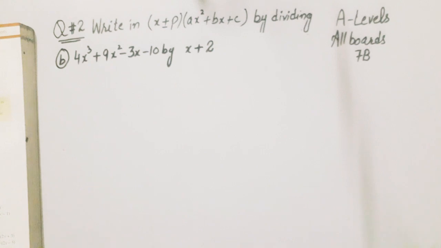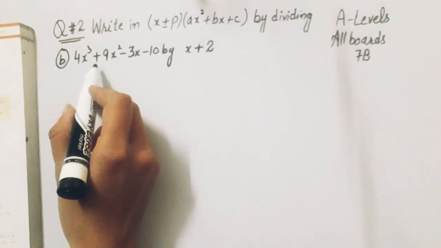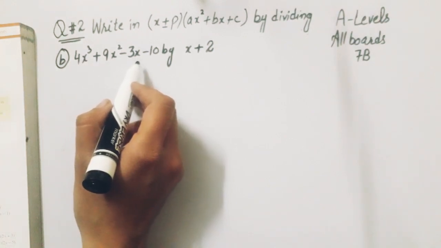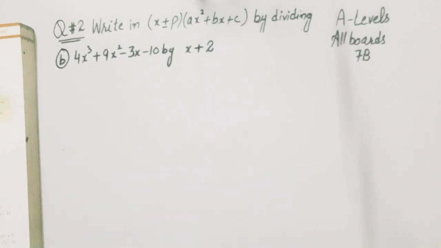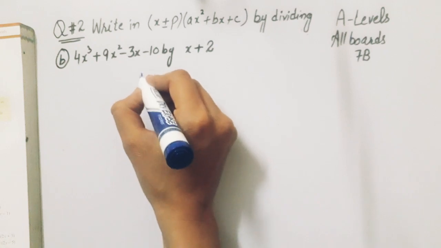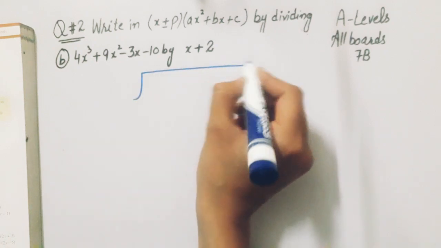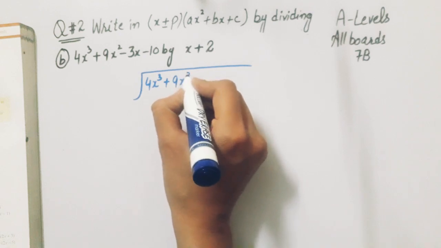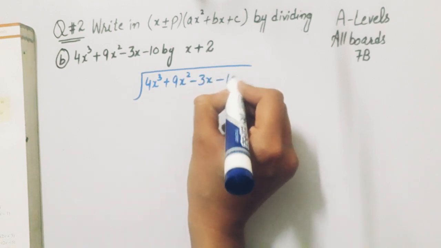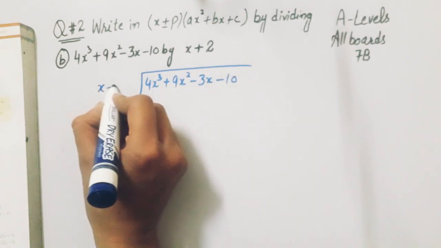Now we have part B, that is 4x cube plus 9x square minus 3x minus 10, and divide this by x plus 2. We will solve this in a very easy and simple way. So we have 4x cube plus 9x square minus 3x minus 10 and we have x plus 2.